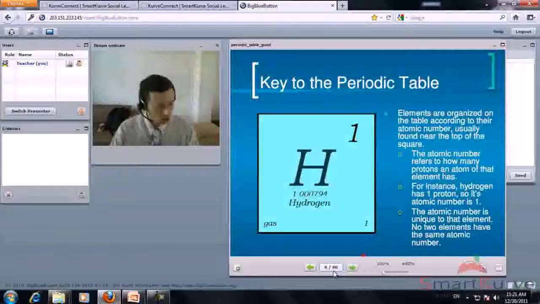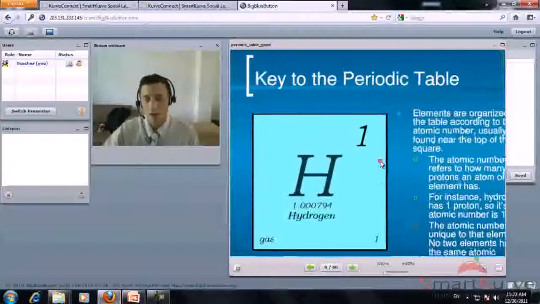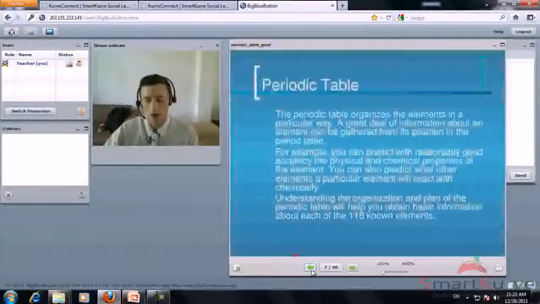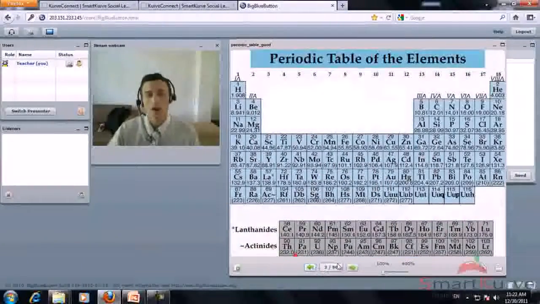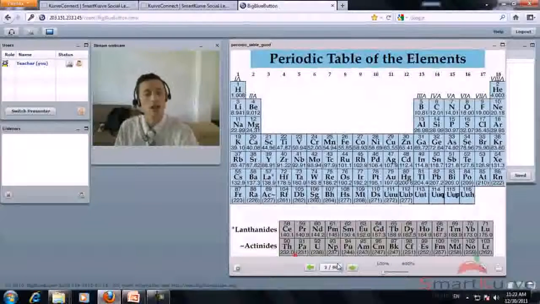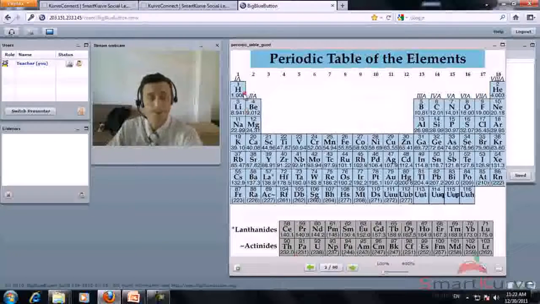Okay, let's start here. Elements are organized on the table according to their atomic number. Let's actually go back quickly to slide 2. You can see there it is. If we start in the upper left-hand corner, you can see hydrogen.